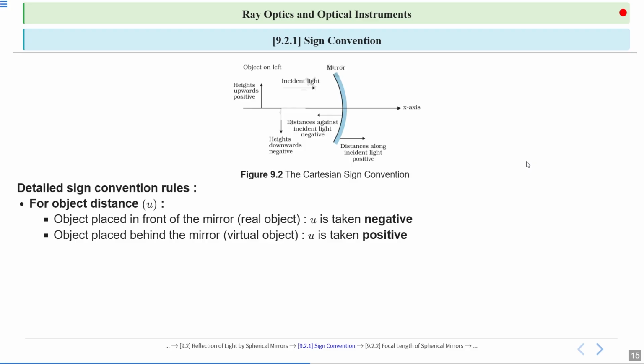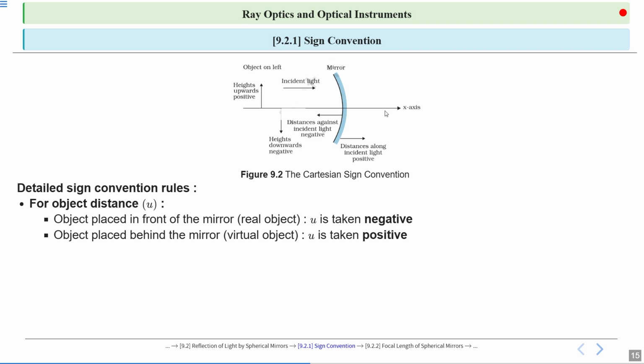Object placed behind the mirror. How can we place an object behind the mirror? It is not possible, so that object is virtual. That means if we have placed another mirror or lens in front of this mirror, the image formed by that lens or mirror would be formed behind this mirror, and it is taken as the object for this mirror.